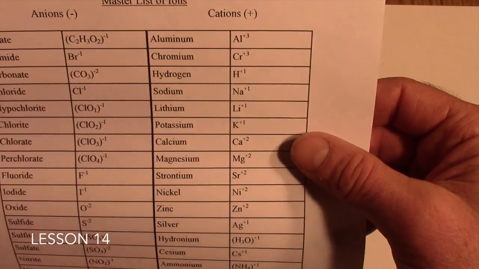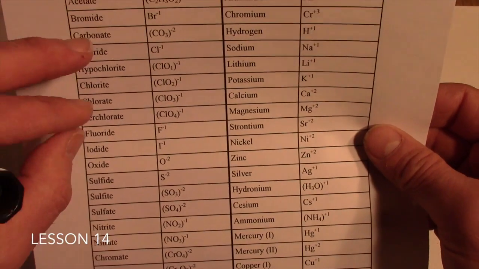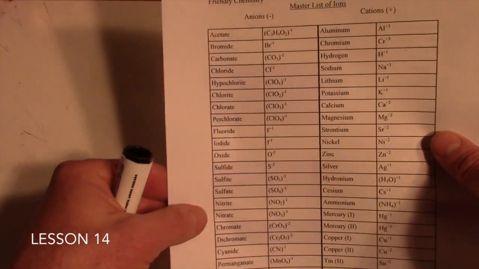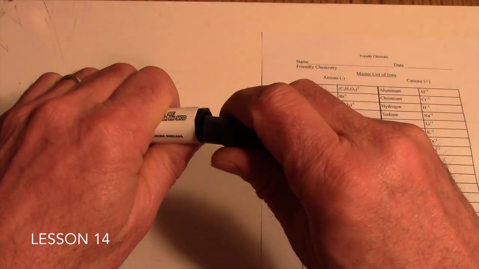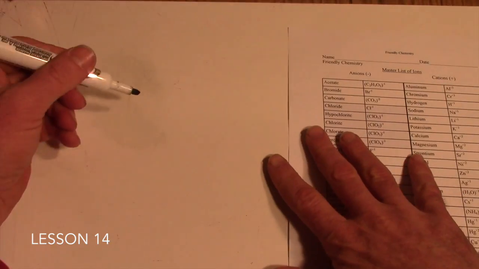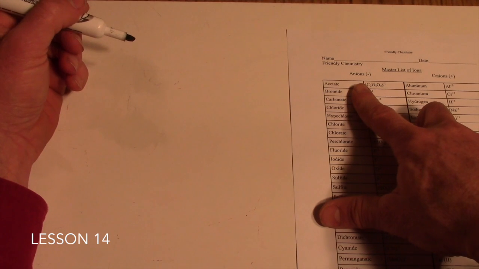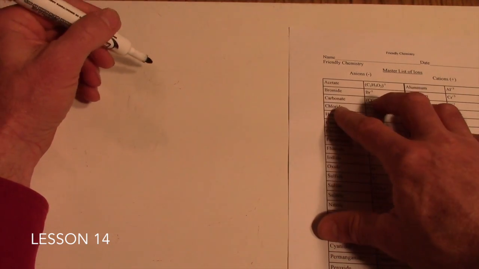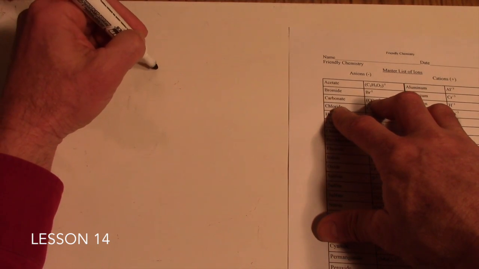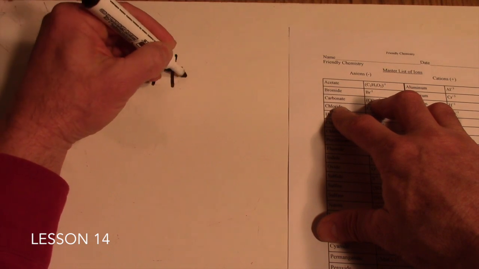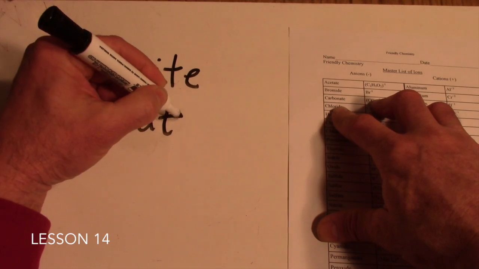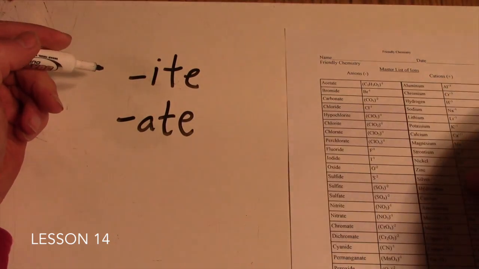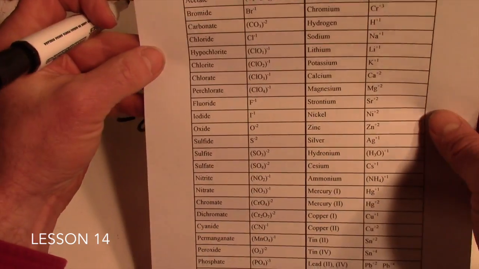So before we jump right into some of these, let me give you some little rules here that'll make things easier. In these polyatomic anions, we'll find some that have the ending of their name as -ite or -ate. The example might be something like here.